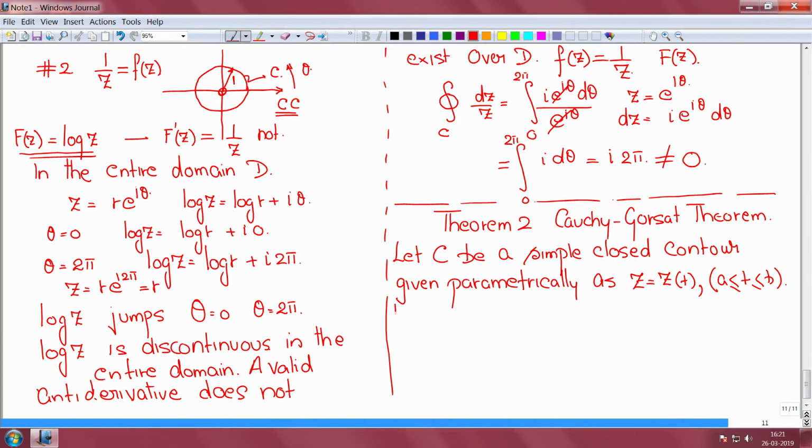Next, let f of z be analytic. We should now know what analytic means.